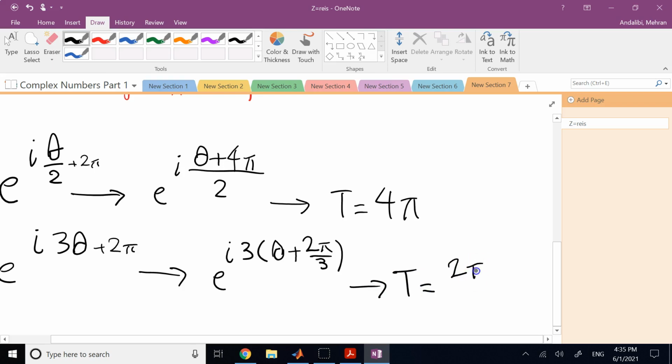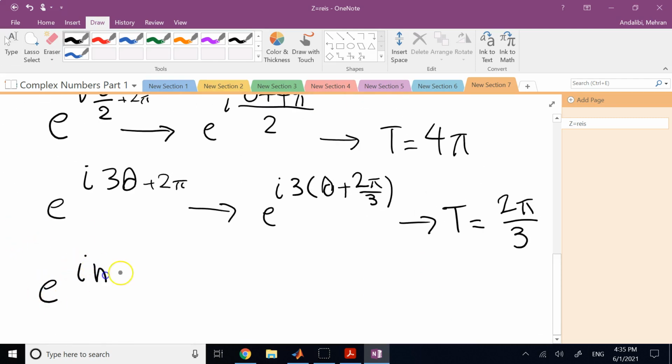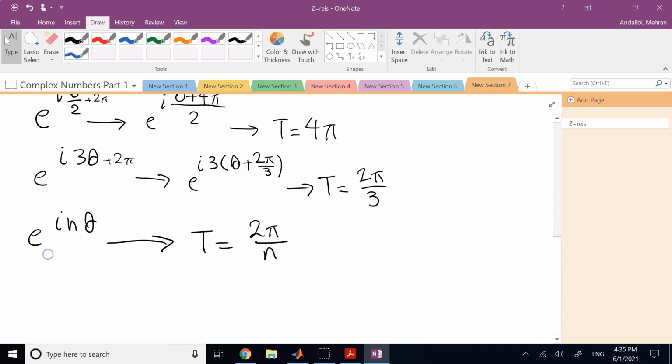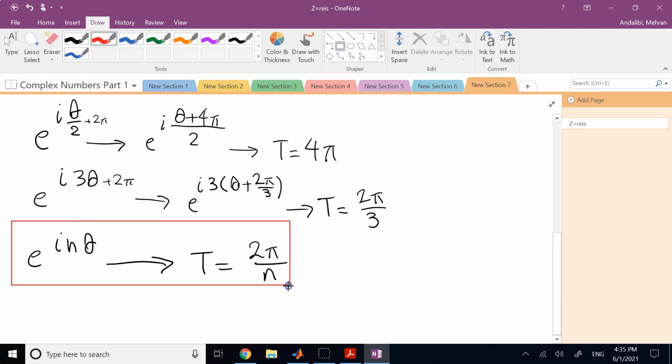It is 2 pi divided by 3. So in general, if I have the function e to the I n theta, whether n is bigger than 1 or less than 1, the period of this function is 2 pi divided by n. Now, if n is bigger than 1, you get like 2 pi over 3, 2 pi over 4. In this case, n is 1/2, so there's going to be 2 pi over 1/2, which is 4 pi. Okay, so this function in general, e to the I n theta, is periodic with period of 2 pi over n.